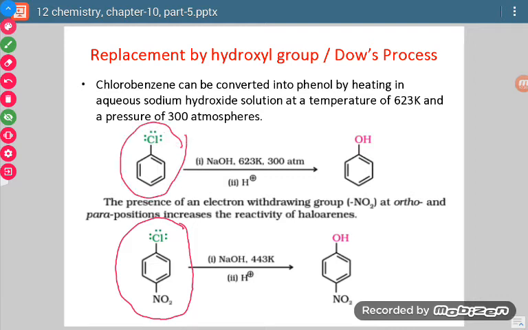So my conditions will also change. When we react nitrochlorobenzene with sodium hydroxide in the presence of acid, we need a temperature of only 443 Kelvin, and there is formation of para nitrophenol. High pressure is not required, so it means it has become more reactive.